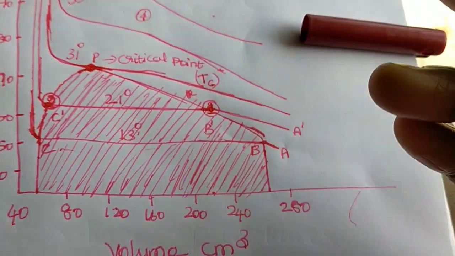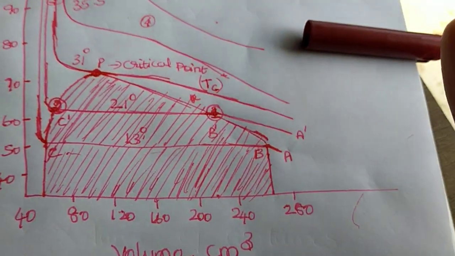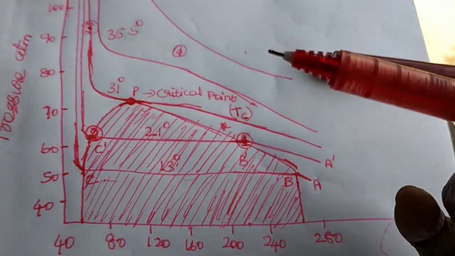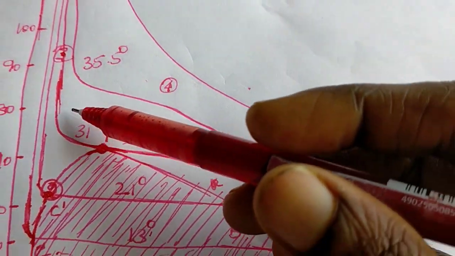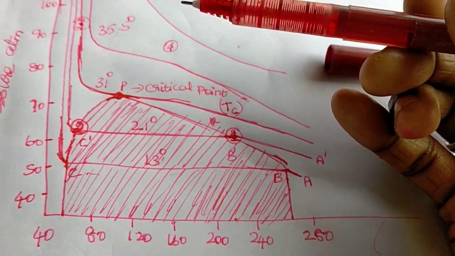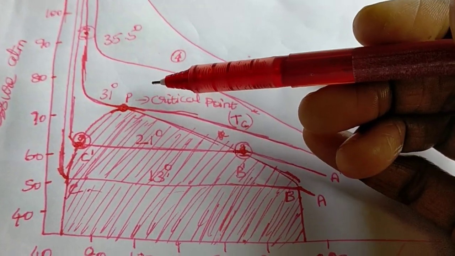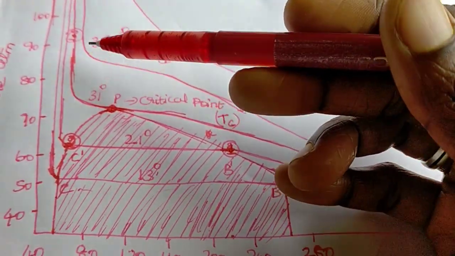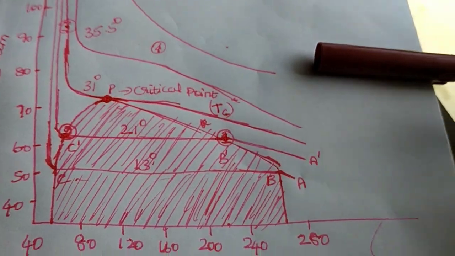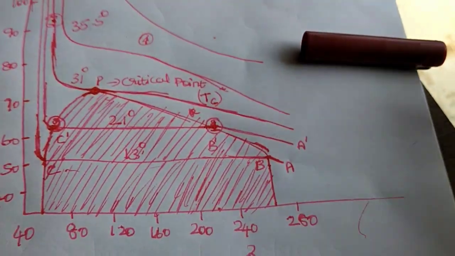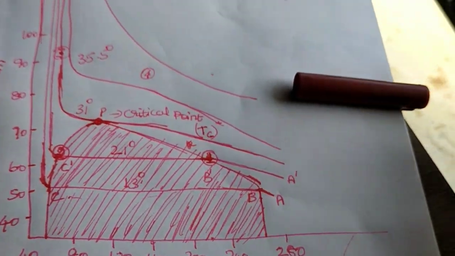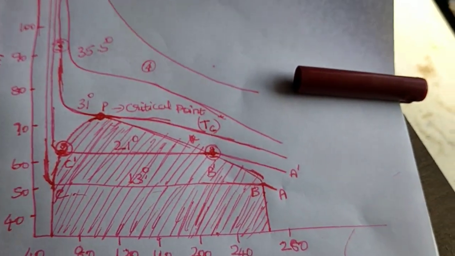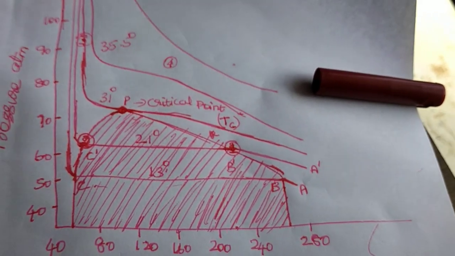It is the temperature above which a gas cannot be liquefied even at high pressure. If you increase the pressure of carbon dioxide beyond 73 atmospheres above that temperature, you can't convert the gaseous carbon dioxide into liquid form. That point is known as the critical temperature or critical point.